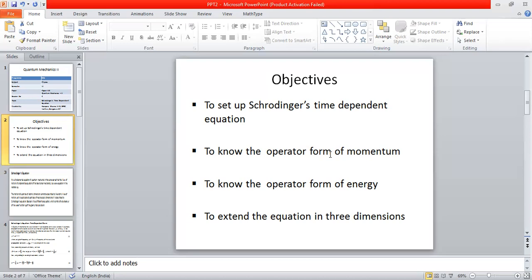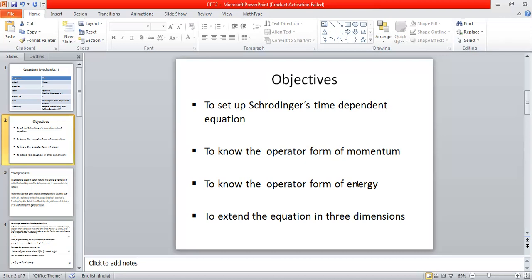So right now, while setting up the Schrodinger's time-dependent equation, we are ready to know the operator form for two important quantities, momentum and energy. Therefore, another important objective of this session is to know the operator form of linear momentum as well as the operator form of energy.